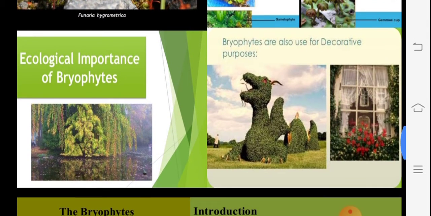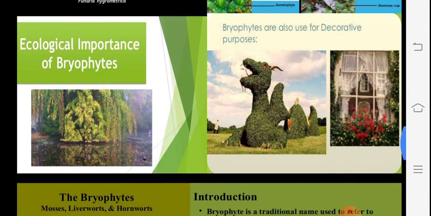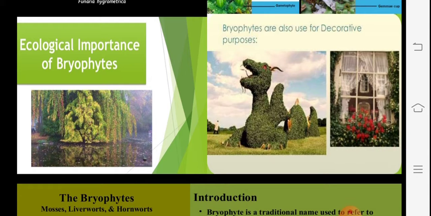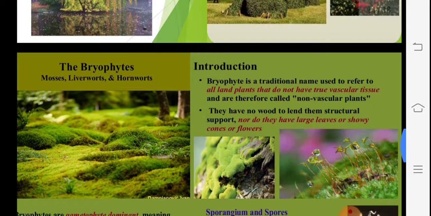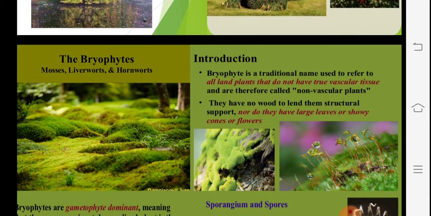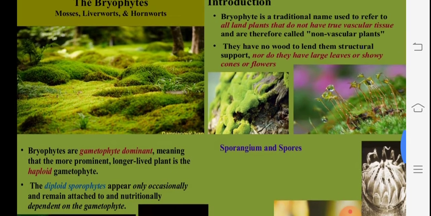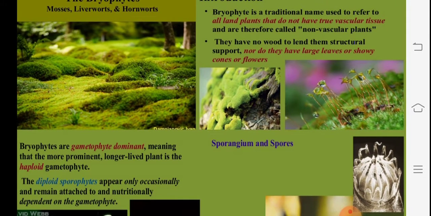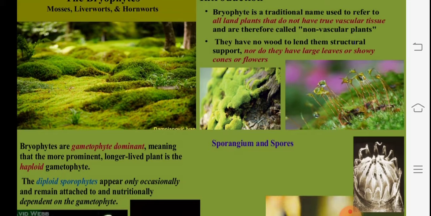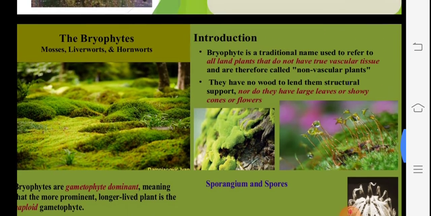As per the ecological importance of bryophytes, here just you see some sites or locations where abundant occurrence of the bryophytes is there. In different habitats, generally the gametophytic stage is supposed to be dominant, more prominent and long-lived, and it is a haploid stage.